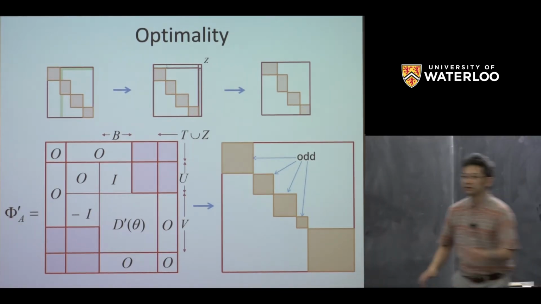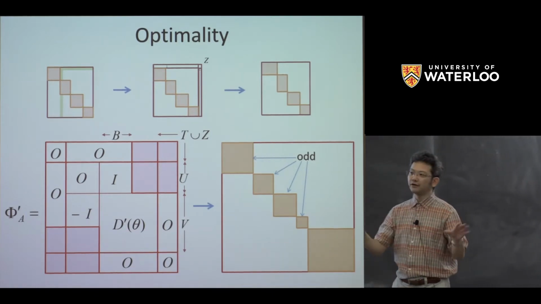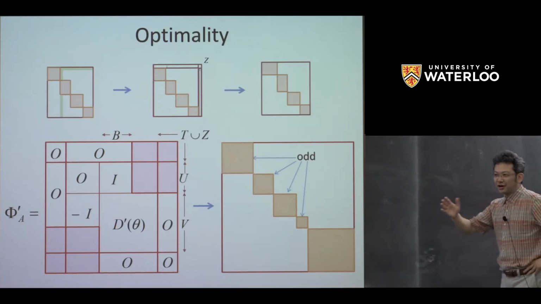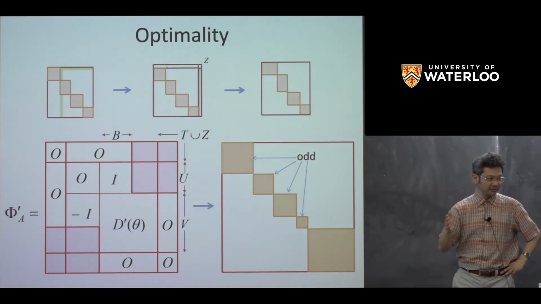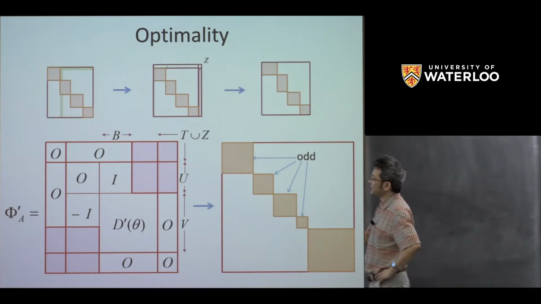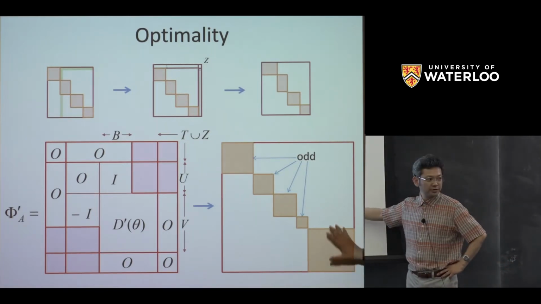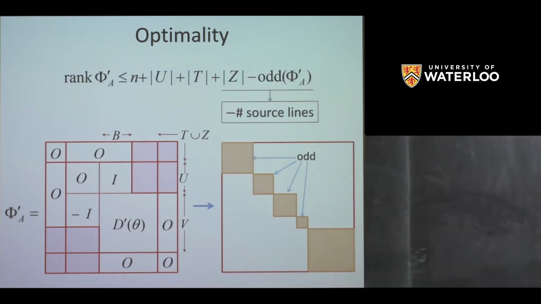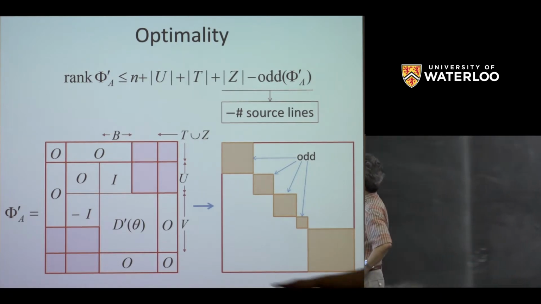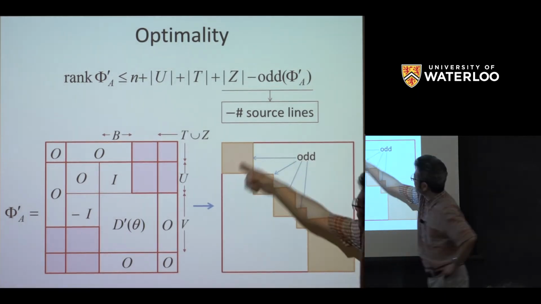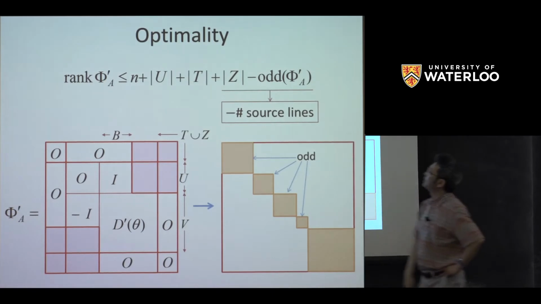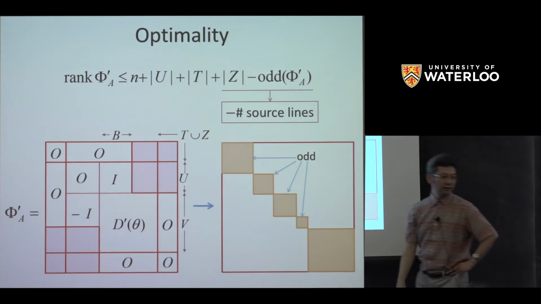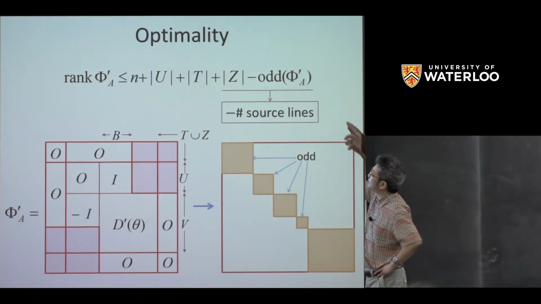Now, as I told you before, or maybe I forgot to tell you, a skew symmetric matrix of odd size is singular. Okay? So we can evaluate the rank of this skew symmetric matrix, which must be equal to the rank of that one. Now, I can tell you that the rank of this skew symmetric matrix must be at most the size of this matrix minus the number of odd diagonal blocks.